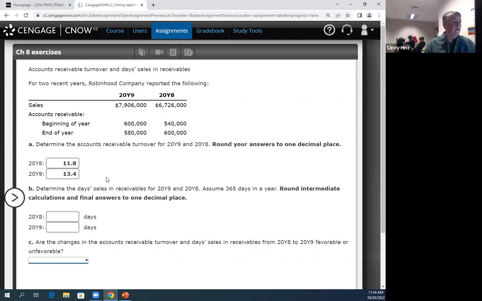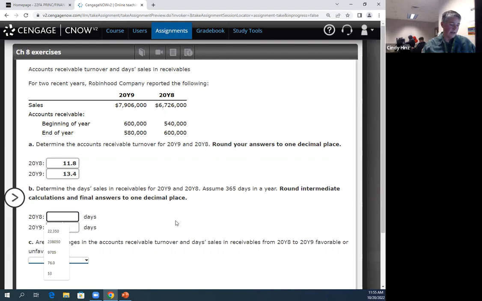Last thing, 1 minute left. Just like with inventory turnover, the book gives you a more complicated formula than is needed to calculate days sales uncollected or days sales in receivables. The easiest way to do it is take 365 days and divide by the receivables turnover.